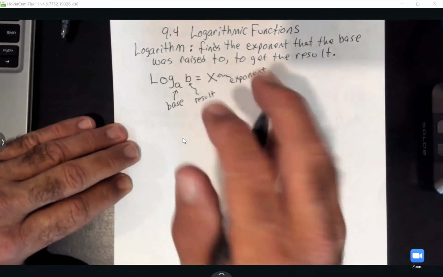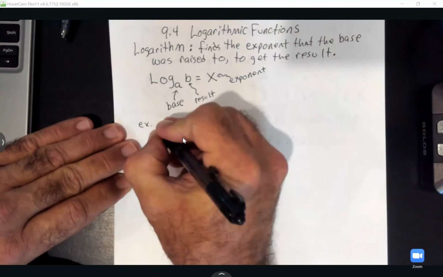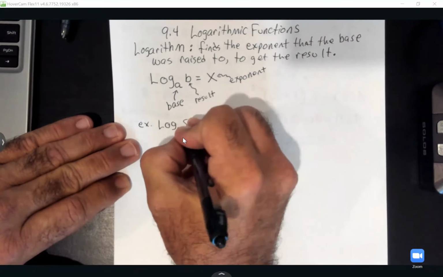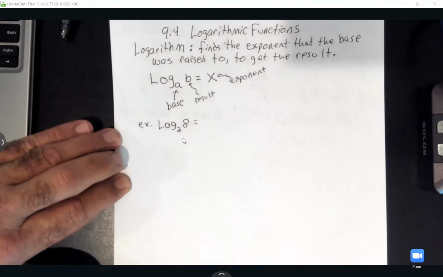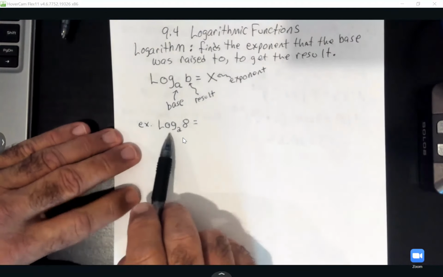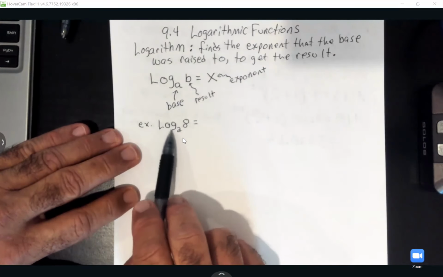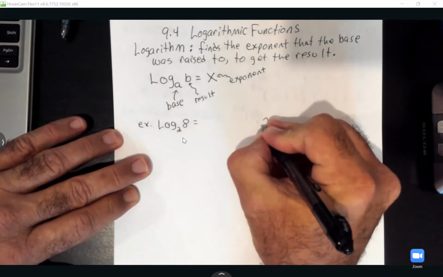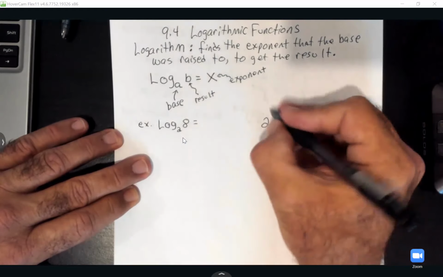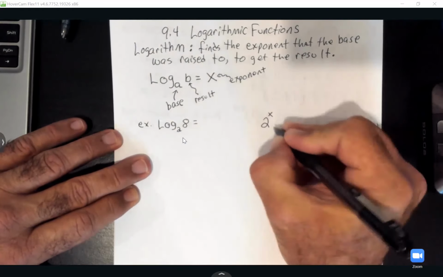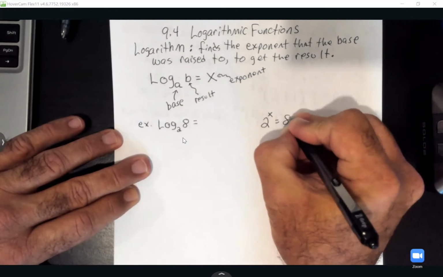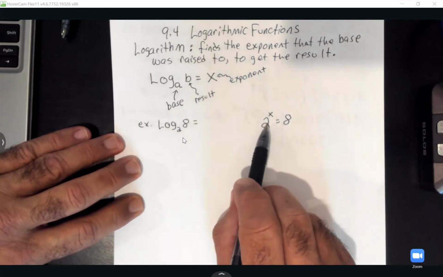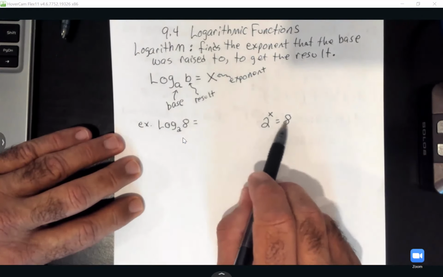So let me give you some examples of this. Say I had a log base 2 with a result of 8. So what I'm actually wanting on this question is if I started with a base of 2, I don't know the exponent yet, but that has to equal that result of an 8. So y'all, what exponent would I raise this 2 to get me an 8?